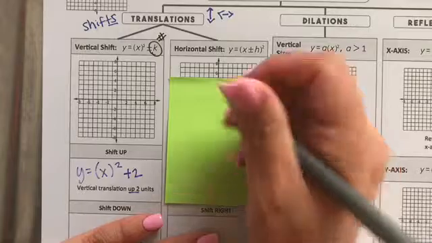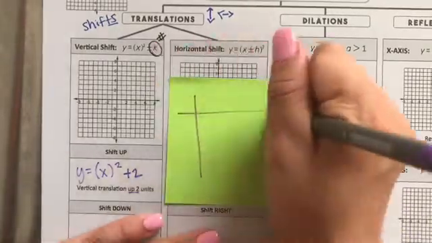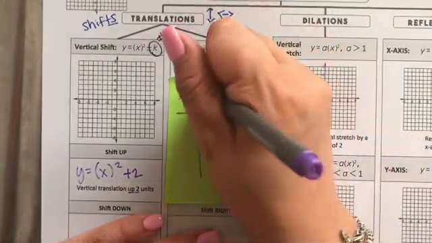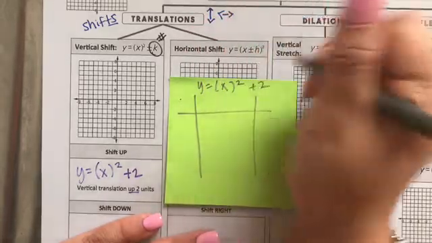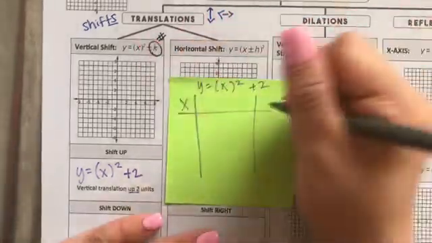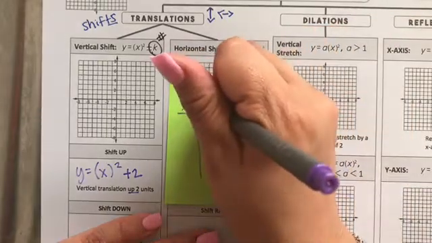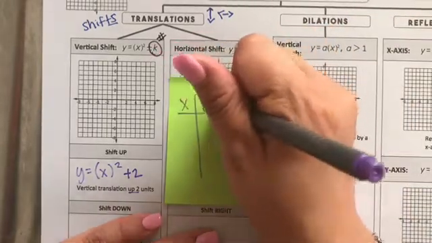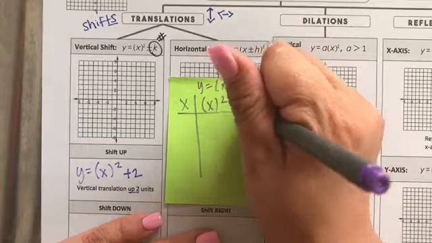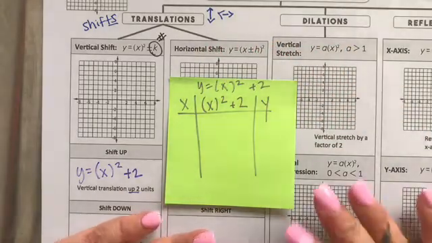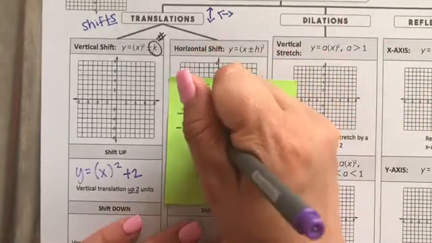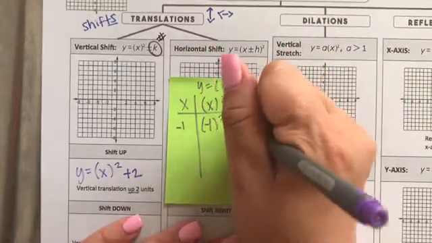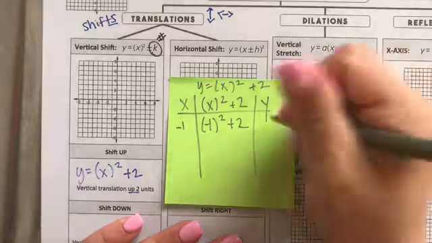So let's go ahead and build our graph. We're going to be making tables. You're going to say y equals x squared plus 2. We have our x values, our y values, and then our operation. We're going to pick a point on the left. Let's pick -1. So -1 squared plus 2 gives me 3.